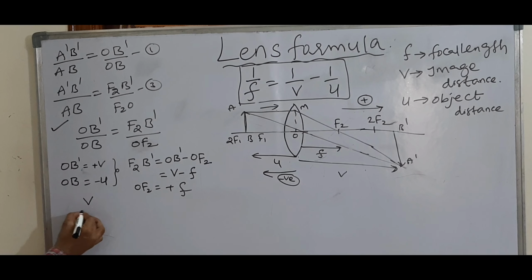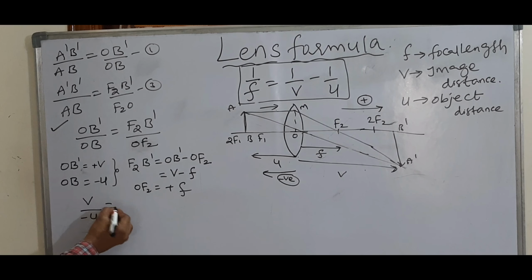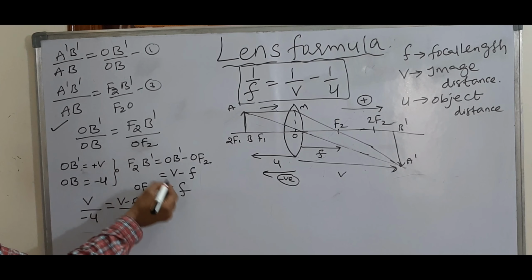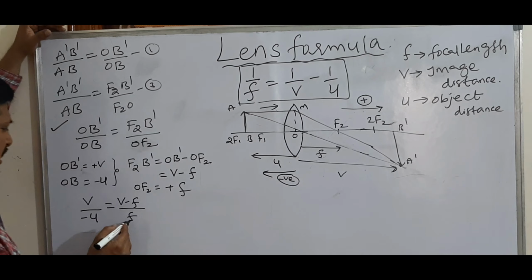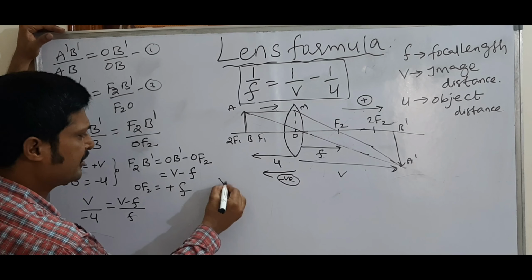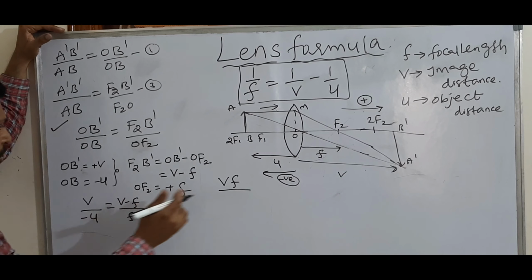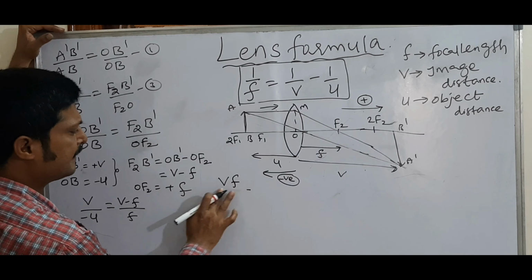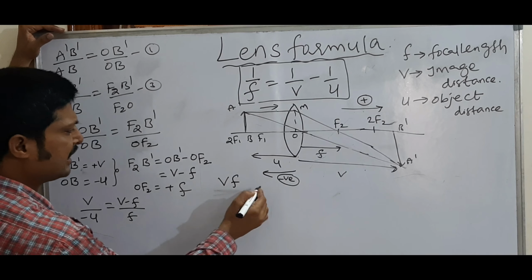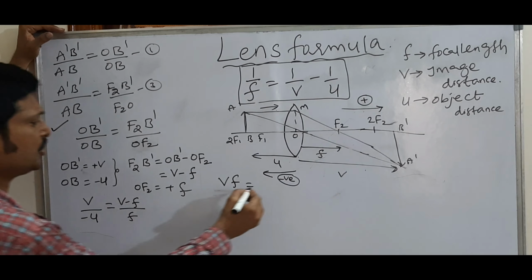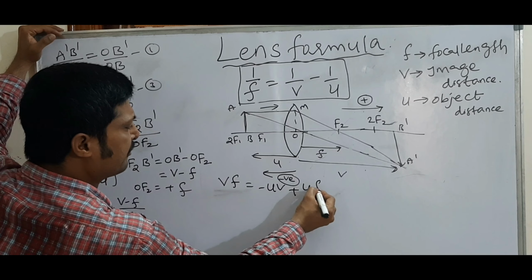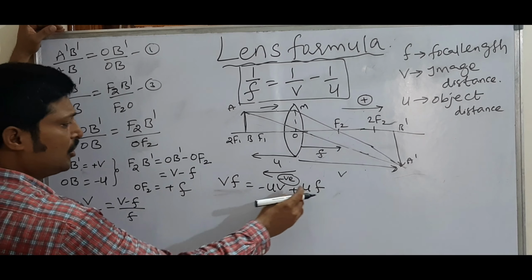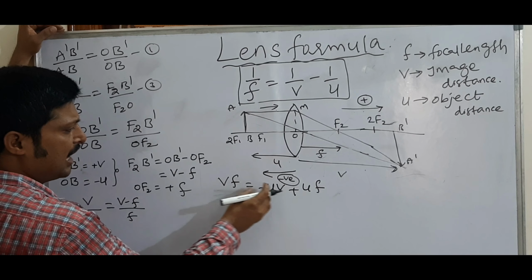So substitute these values here. OB dash is V, OB is minus U, F2 B dash is V minus F, by OF2 is plus F. Then cross multiply: V into F, that is VF, minus U into V, that is minus UV, equals minus U into minus F, plus UF. Bring all UF to one side and UV to this side.